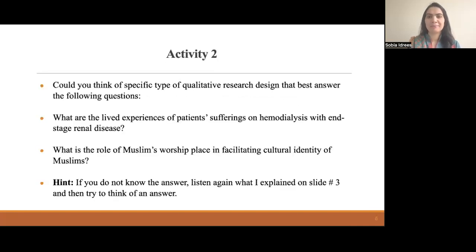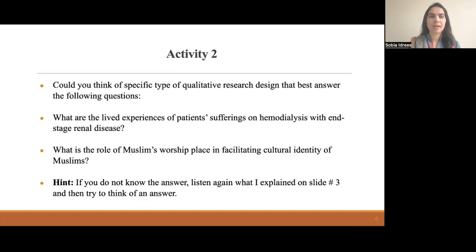I have another activity for you as well. Now I would like you to answer these two questions. I posted two research questions on this slide, the same questions that I presented as examples on the previous slides. For this activity, you have to think of a particular qualitative research approach that can be used to answer these two questions.